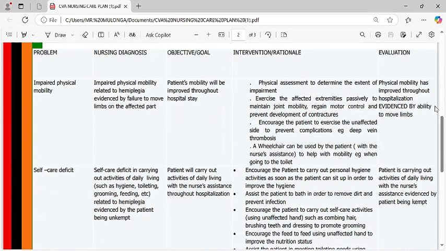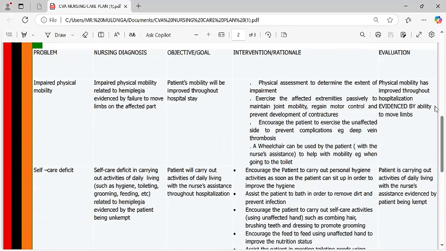From there now we go to our goal. Mainly our goal is to make sure that this patient is able to move, or the impaired physical mobility is reduced, which means that the patient will have improved mobility.